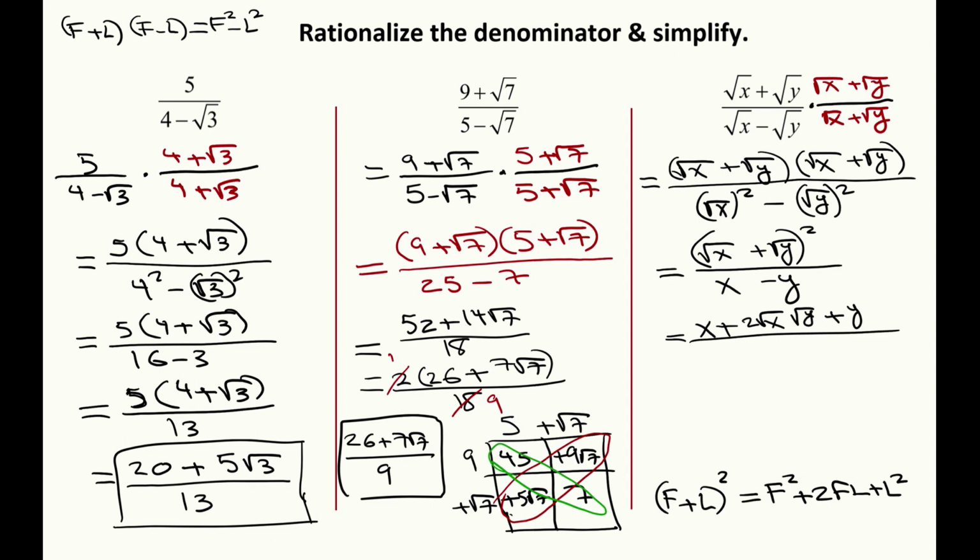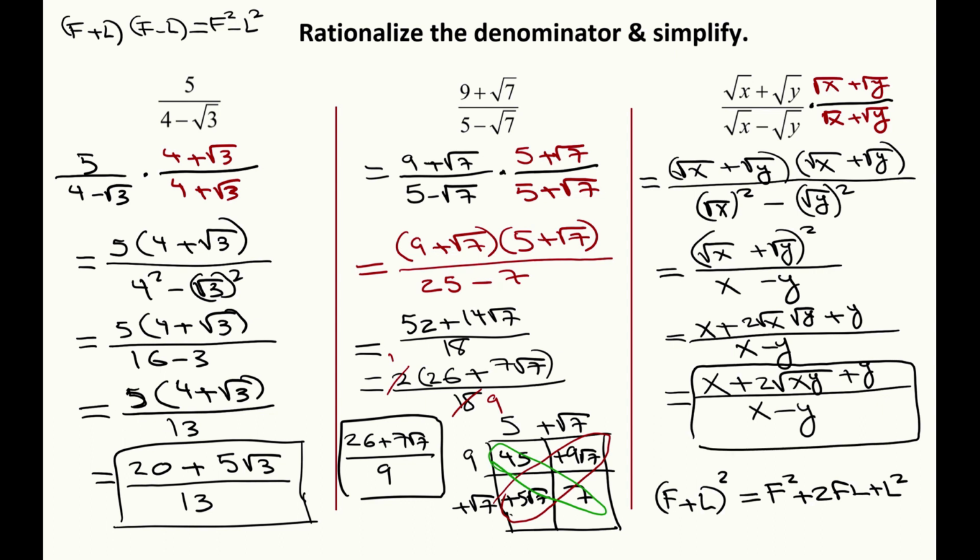And we get over x minus y. So finally we end up with x plus 2 radical xy plus y over x minus y. And that is all that can be done here.